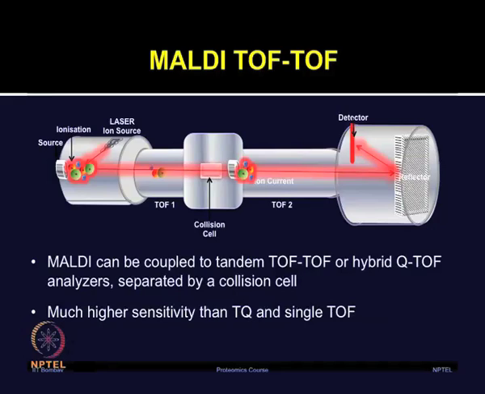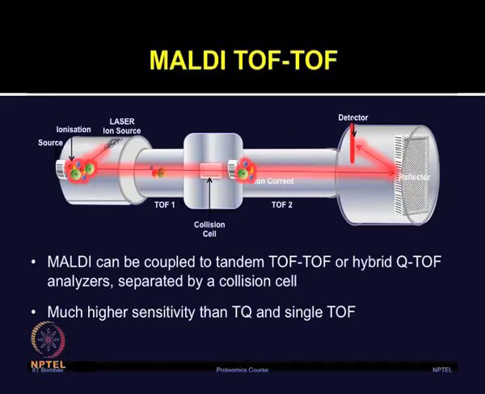Now, for proteomic applications, it is recommended to use the TOF-TOF or Q-TOF. The peptide ions are accelerated through the first time of flight tube, as you can see in the slide, and then they are dissociated by introducing an inert gas into the collision cell. This process allows collision induced dissociation spectra to be produced from the MALDI precursor ions.